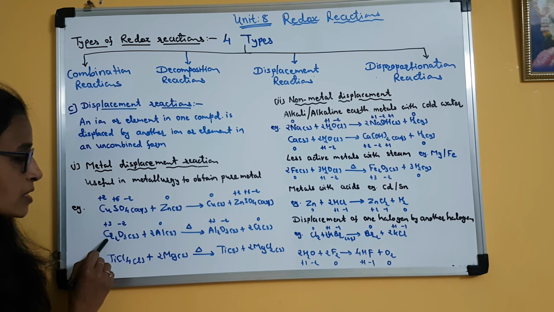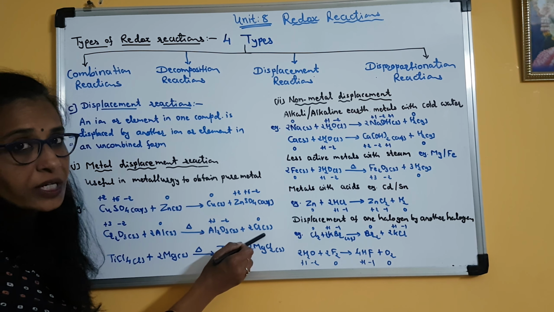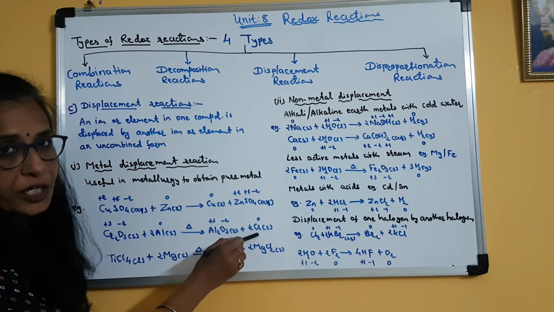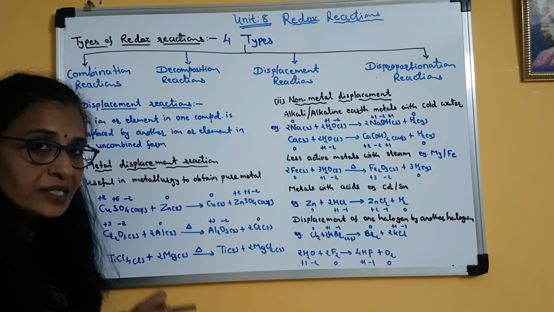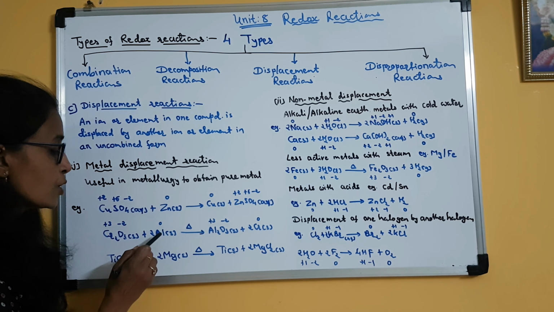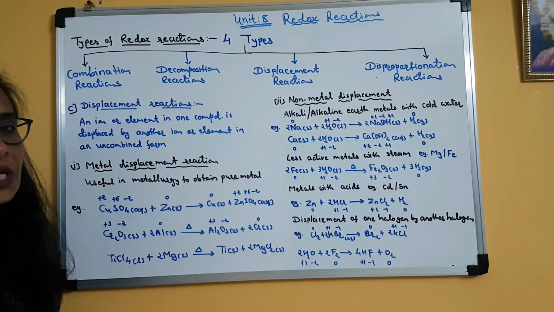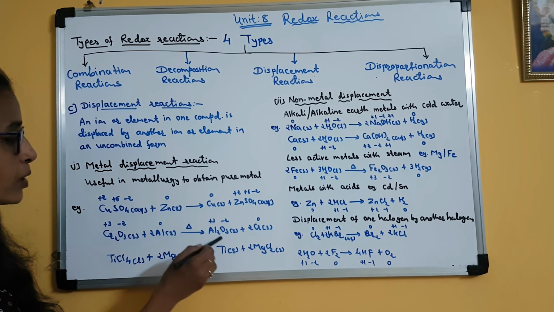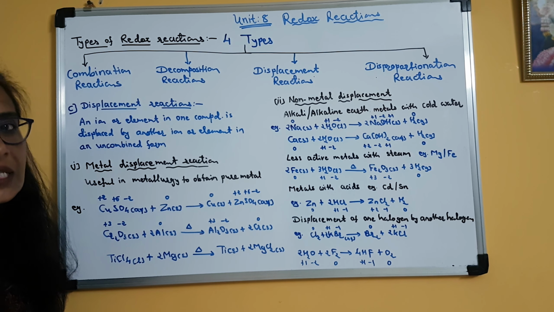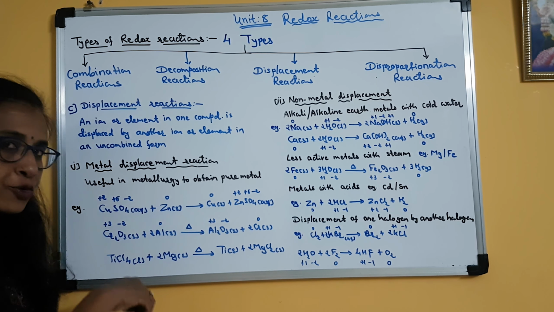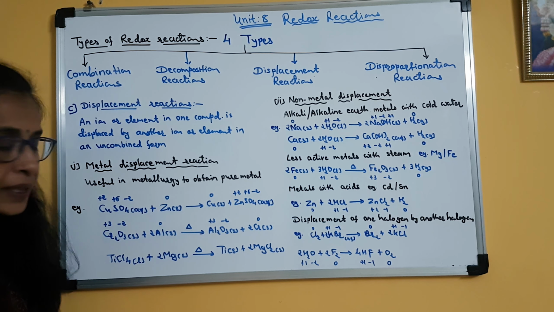Chromium, which was in +3 oxidation state, is now on the product side in 0 oxidation state. So chromium has undergone reduction. Who has carried out this reduction? Aluminium. Clear? So aluminium is undergoing oxidation, means it is a reducing agent. Chromium is undergoing reduction, means it is an oxidizing agent. So chromium oxidizes aluminium and aluminium reduces chromium. It is like that. Clear?